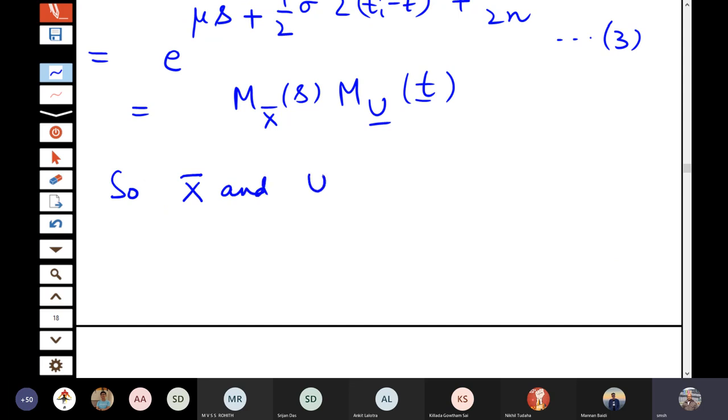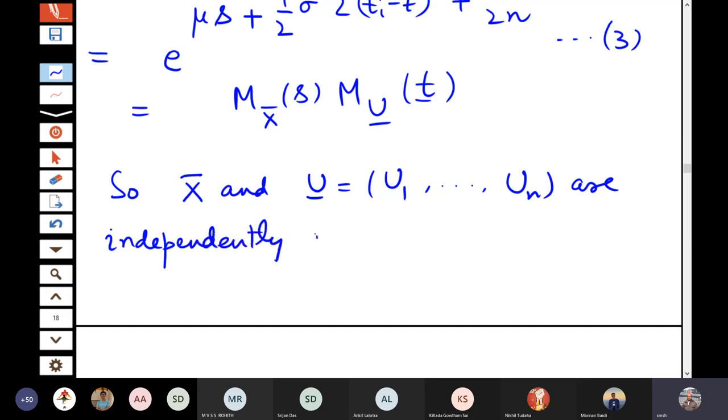So x bar and u are independent. Is that okay? Now let us look at certain manipulations here.